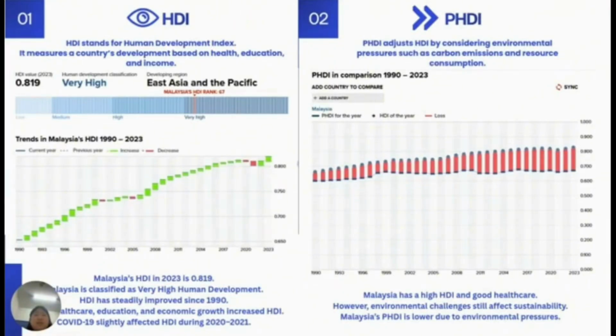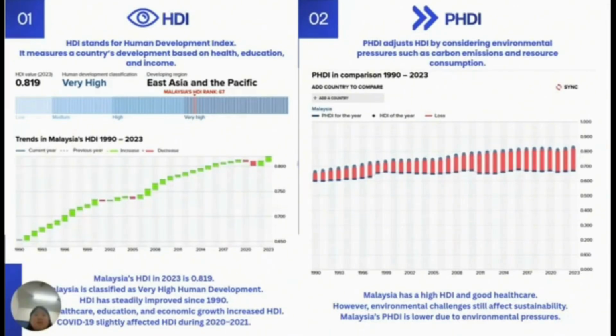This reflects strong achievements in healthcare, education, and income growth. Malaysia's HDI has steadily improved since 1990 due to economic development and better public services.